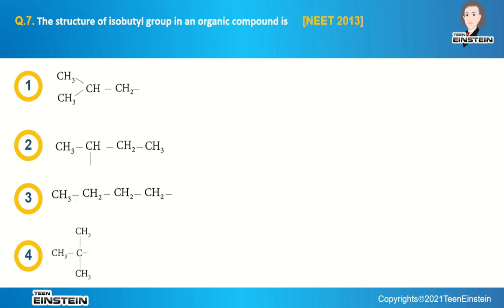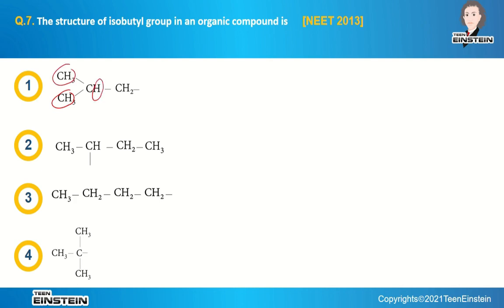Next, move on to the 7th question. The structure of isobutyl group in an organic compound is. So, removing a hydrogen from a primary carbon atom of isobutane gives a primary alkyl group which is called isobutyl group. The isobutyl group has 2 methyl groups and 1 hydrogen.